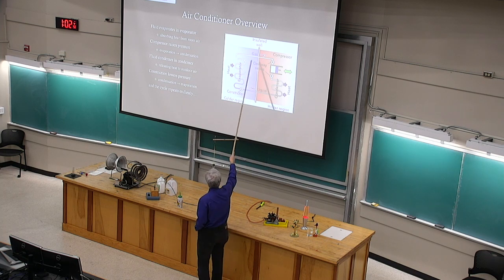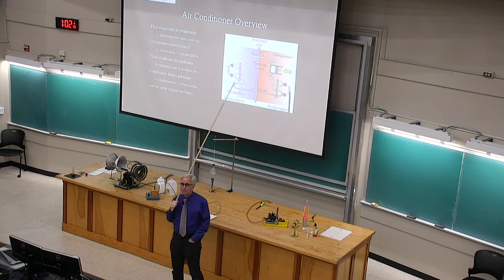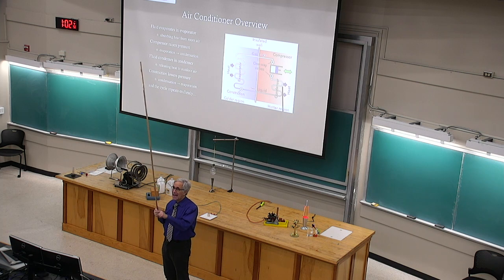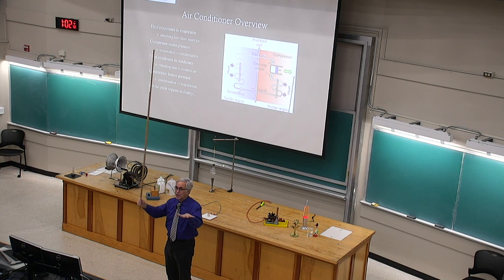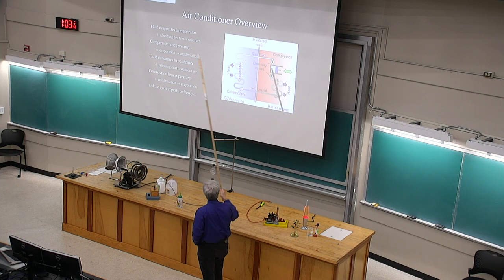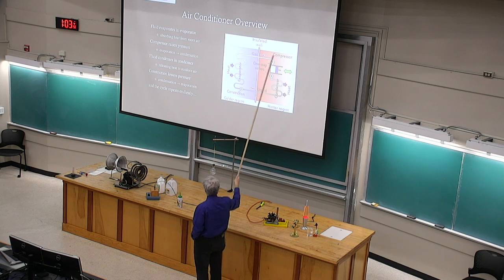And this fluid is going to go around that loop over and over. And I'm referring to it as a fluid because it goes back and forth between being a liquid and a gas. And it does that for reasons that we should understand based on the experience with water, steam, and ice. So around that fluid goes, it's going to pick up heat inside, carry it with it, and then release it in the outside.